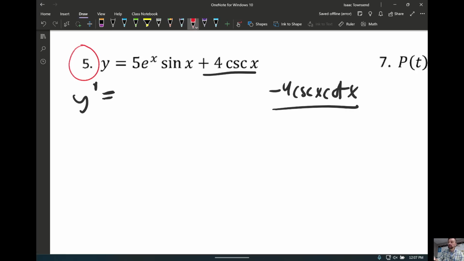But I wanted you to see if you fell into this trap: the only way to take this derivative is with product rule. You cannot just take the derivative of e to the x, then separately take the derivative of sine, and then just slap a multiply sign in between them. If that was the case, we would not need the product rule. So you should have thought of this as the first term, or f of x, e to the x, this as the second term, or g of x.